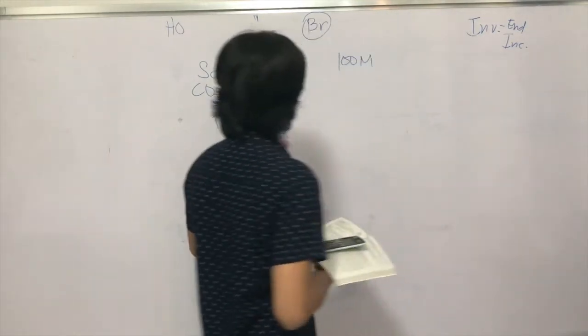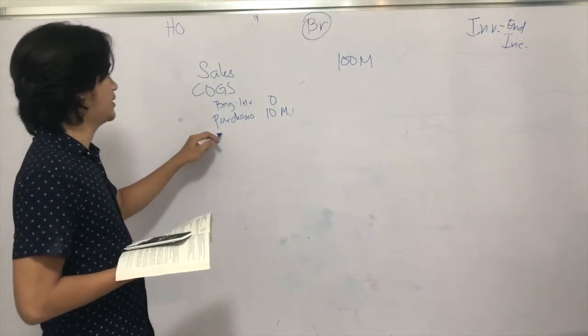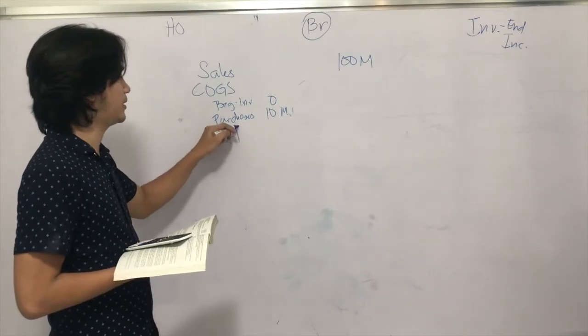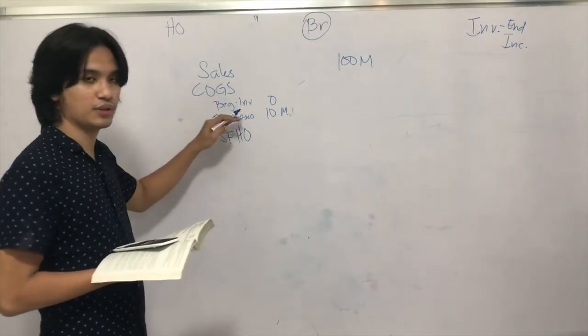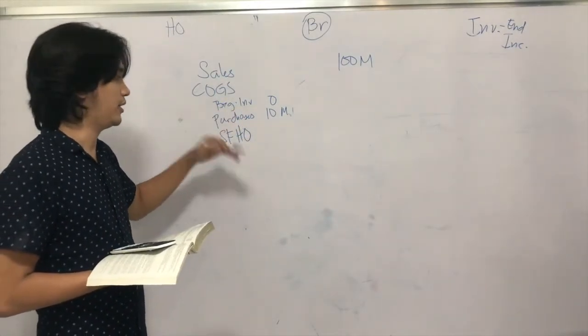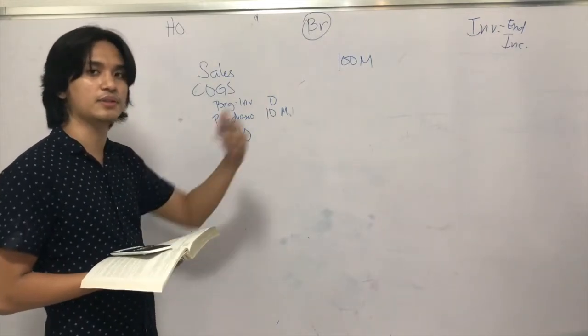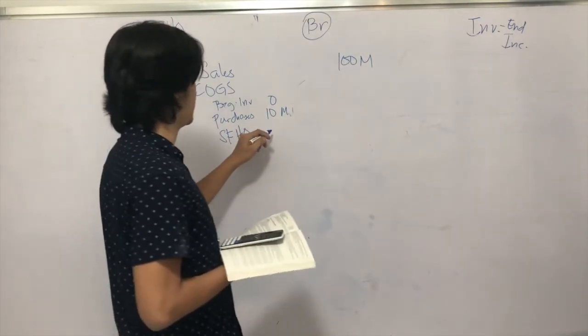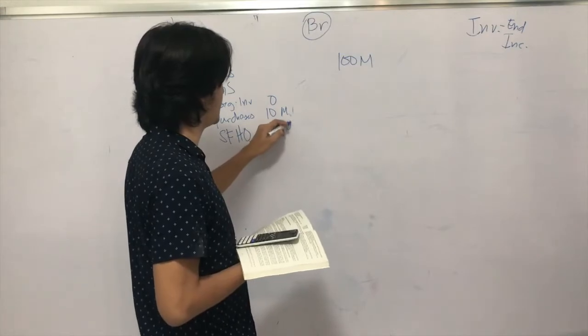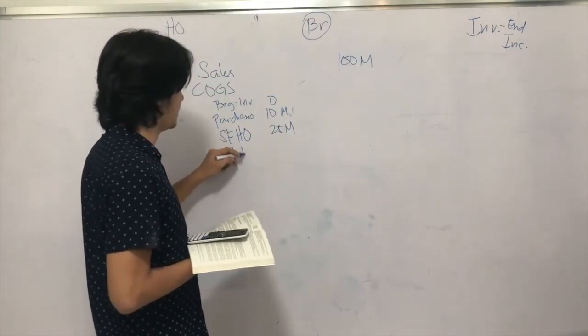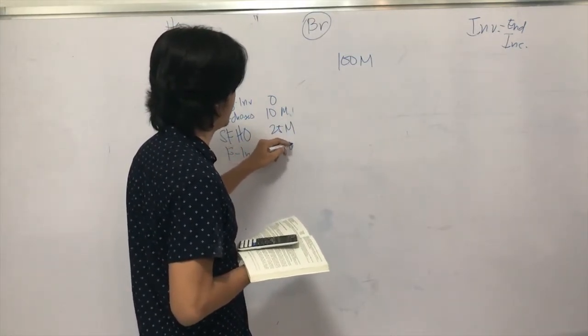Now, where do we put shipments from home office? Shipments from home office will be added to your purchases because it adds to your inventory, which is available for resale to your customers. So our total shipments amounts to 25 million with a freight in of 600,000.